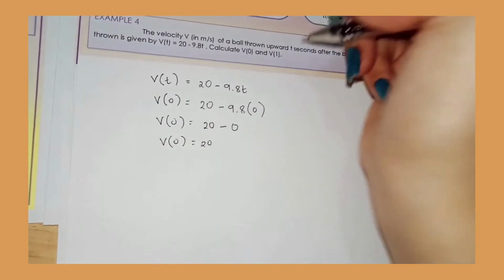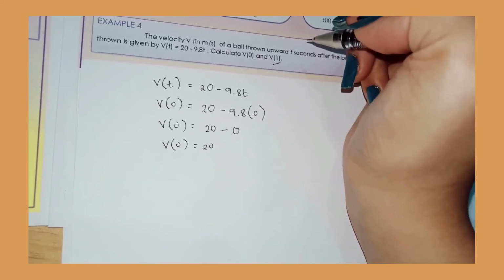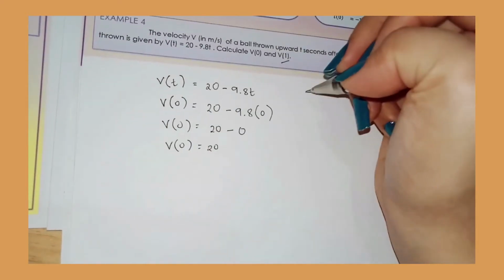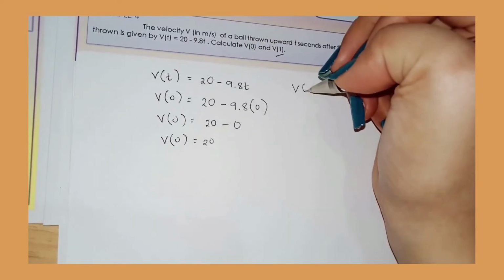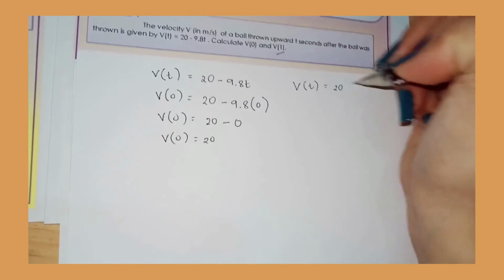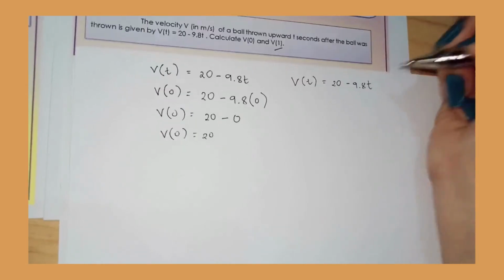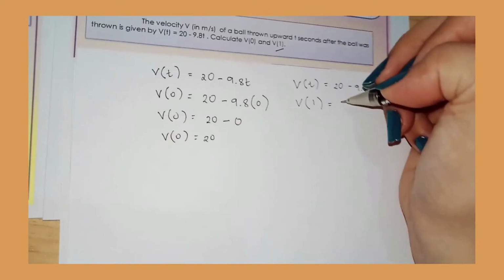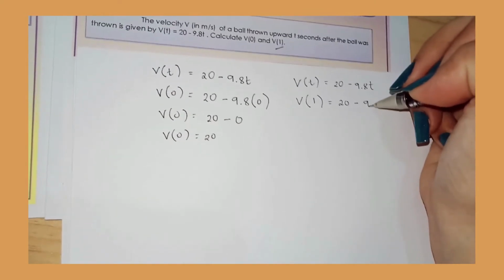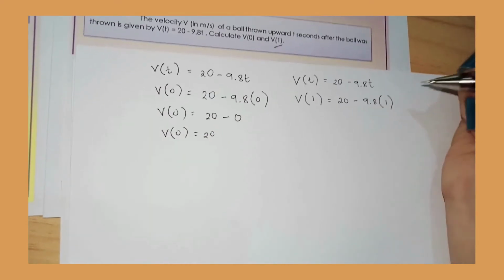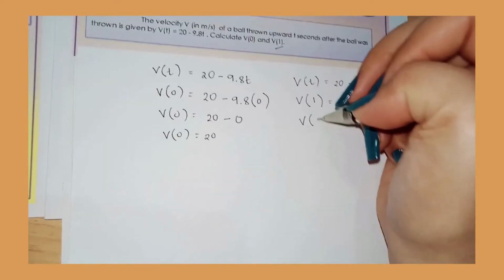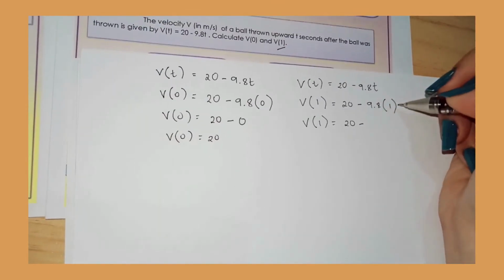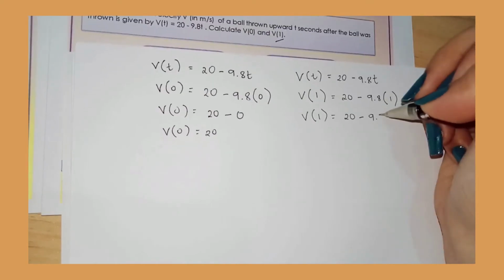Next, solve naman natin yung v of 1. Lahat ng t, papalitan natin ng 1. Copy the original equation, v of t is equal to 20 minus 9.8t. So yung t, sabi ko nga kanina, papalitan natin siya ng 1. 20 minus 9.8, yung t magiging 1. Simplify natin siya, bring down 20 minus 9.8 multiplied to 1 is 9.8.